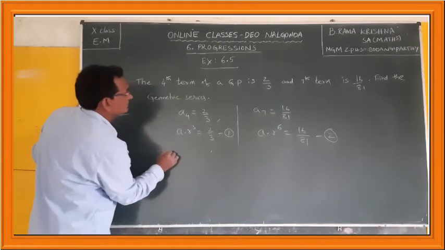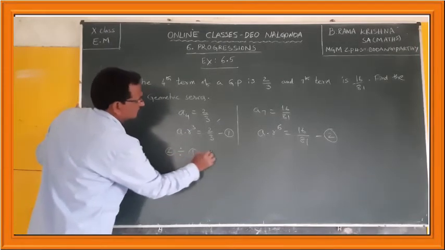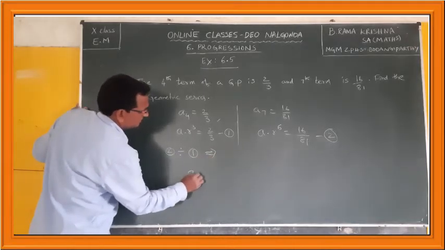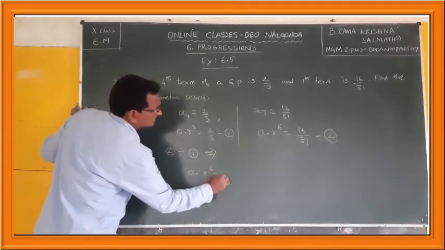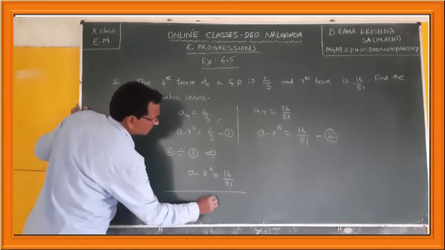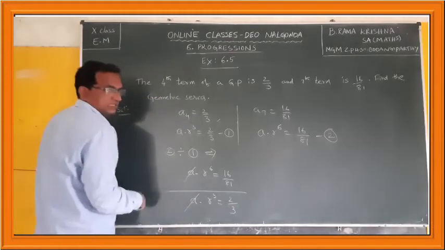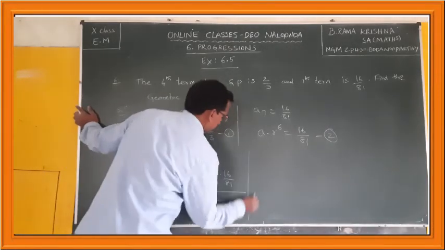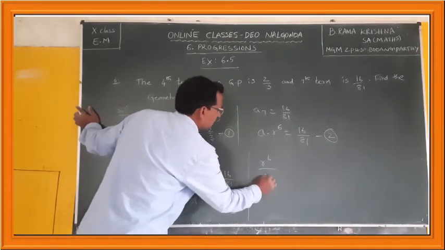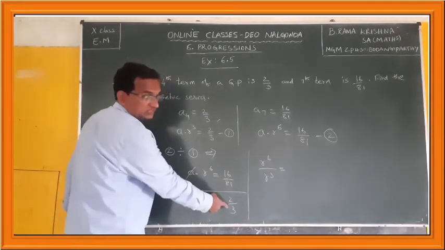Okay, I will write like this: second equation divided by first equation implies a into r to the power of 6 is equal to 16 by 81 divided by a into r to the power of 3 is equal to 2 by 3. a and a get cancelled. What will remain? r to the power of 6 by r to the power of 3 is equal to this fraction divided by this fraction.